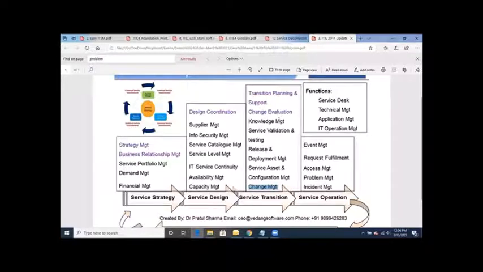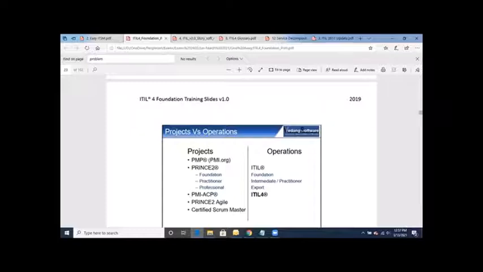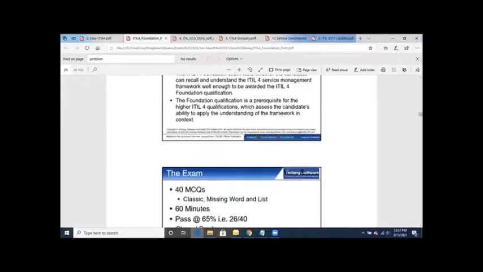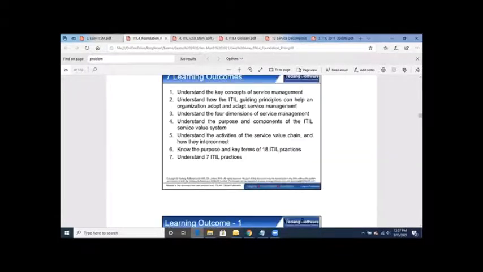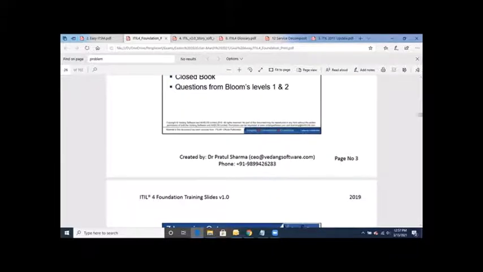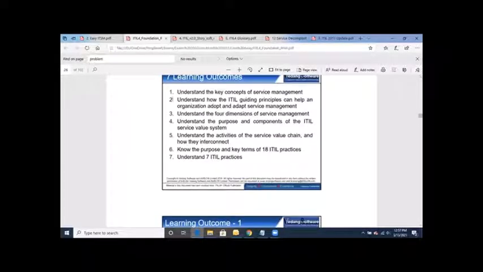I believe this completes our discussion on this V2 versus V3 versus 2011. अब वो जो ITIL4 आया है, that is very different. ITIL4 में the examination pattern is the same as the previous one, but you have got 7 learning outcomes. एक तो key concepts है.